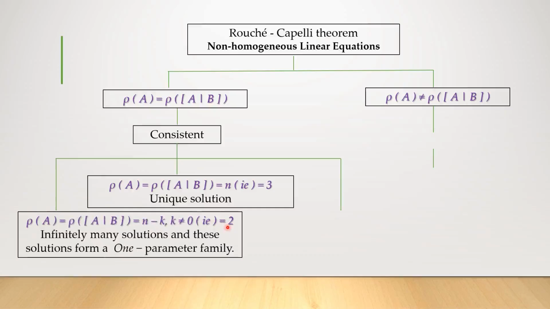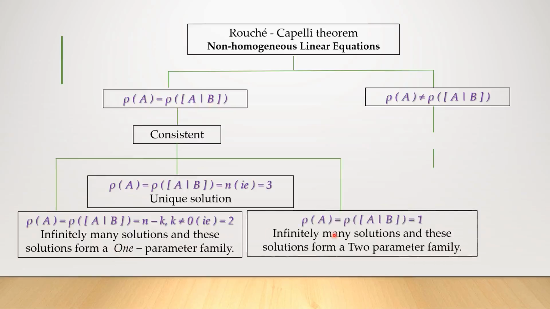If the rank of A is equal to the rank of [A, B], which is 2, we will get infinitely many solutions, and these solutions form a one parameter family. One parameter family means that among the three solutions, one is the variable and the other two solutions are based on that variable.